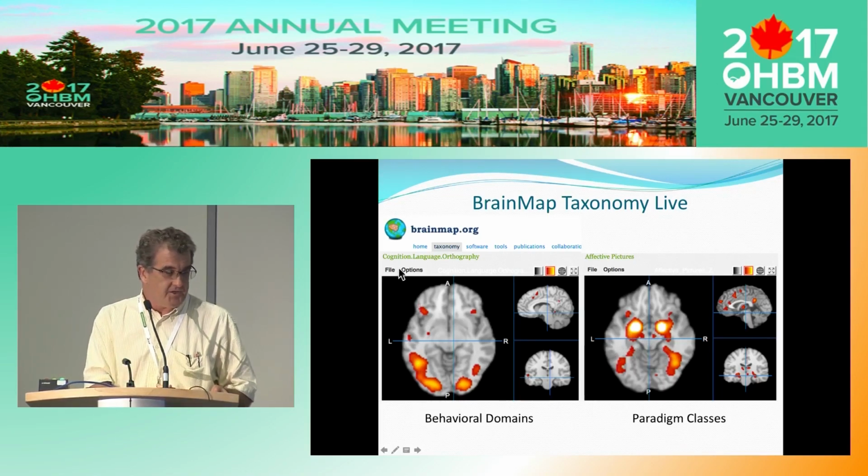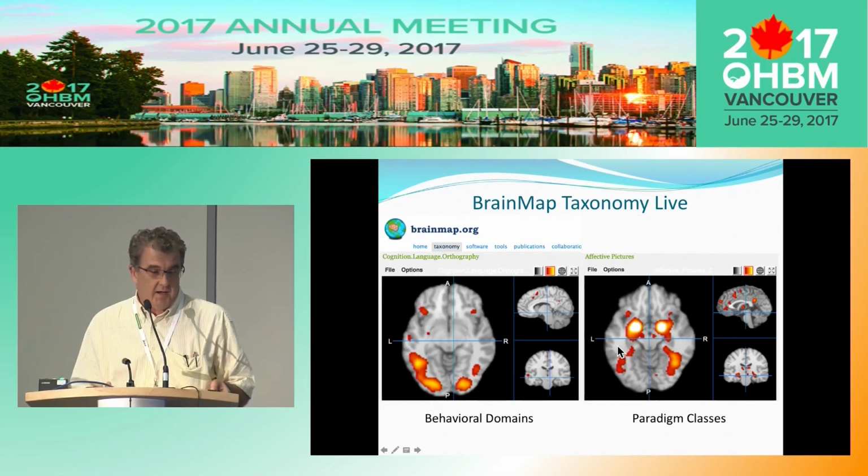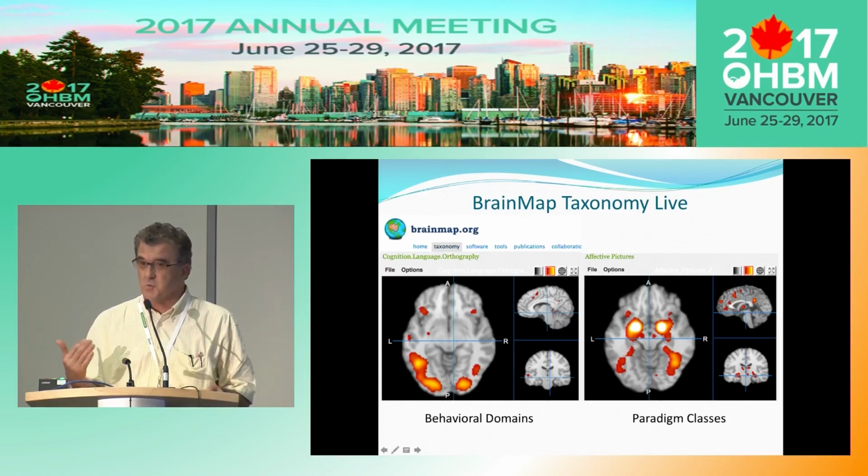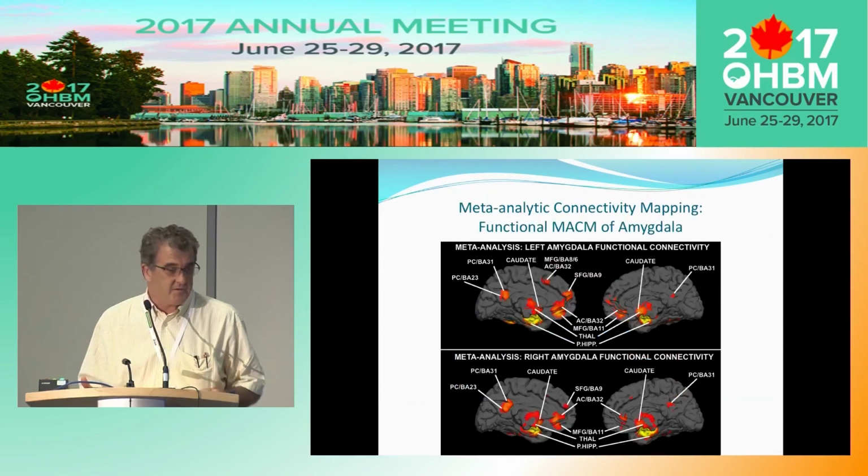So here it's showing cognition, language, orthography as one domain, and so this is the collective map. It's showing viewing affective pictures as a paradigm, and this is the map. So there are a couple of hundred of these available online, and it shows you which experiments went into them so you can edit them and modify them yourself.